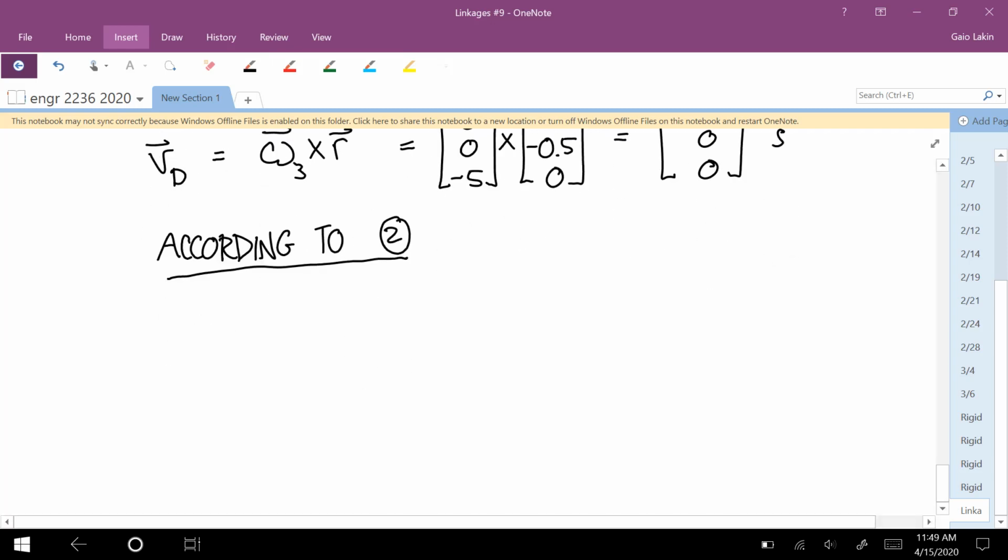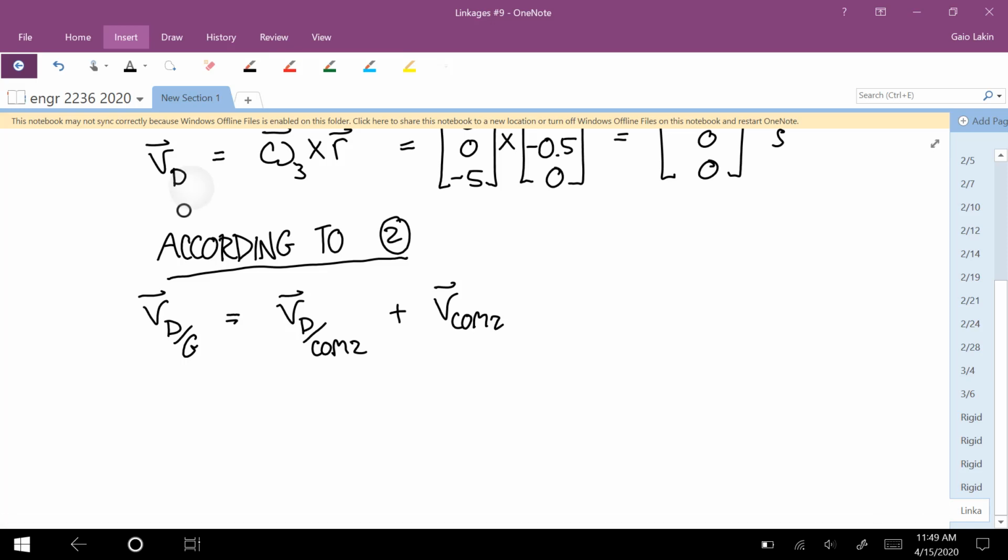So the velocity of D relative to the ground is equal to the velocity of D relative to the center of mass of 2 plus the velocity of the center of mass of 2 relative to the ground.